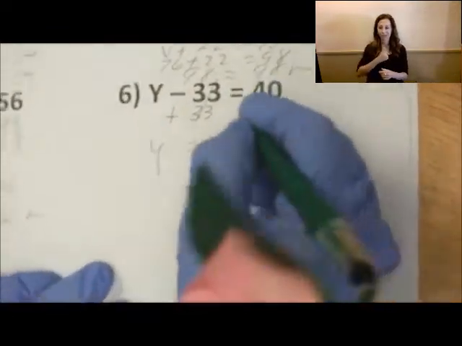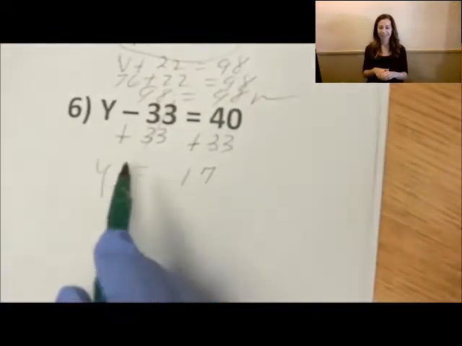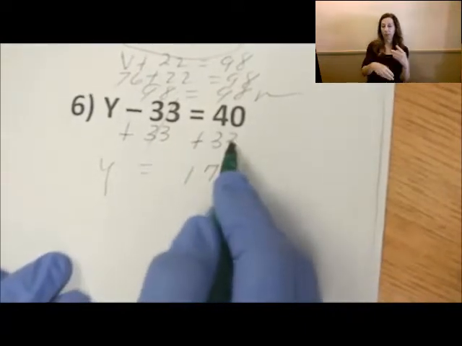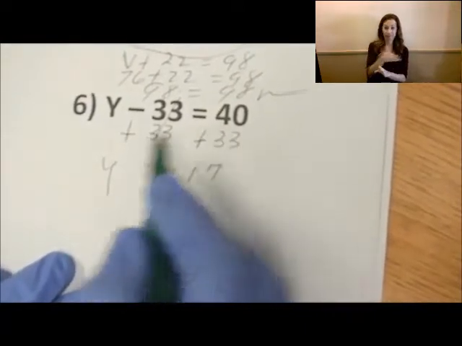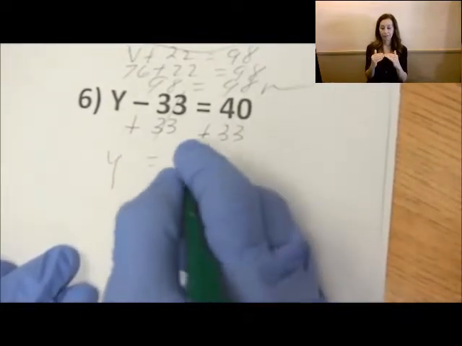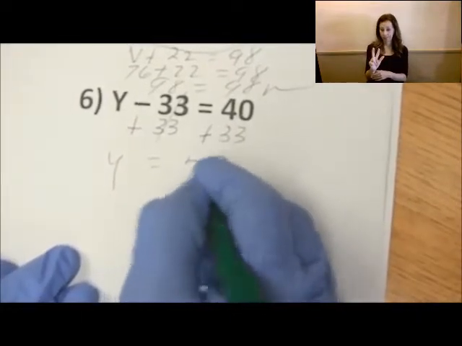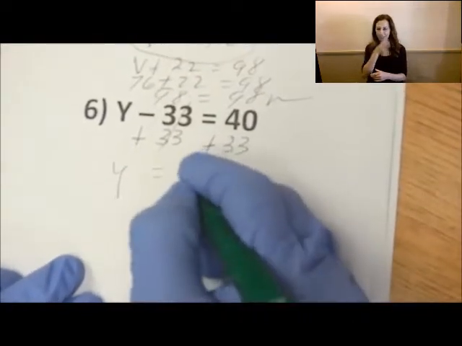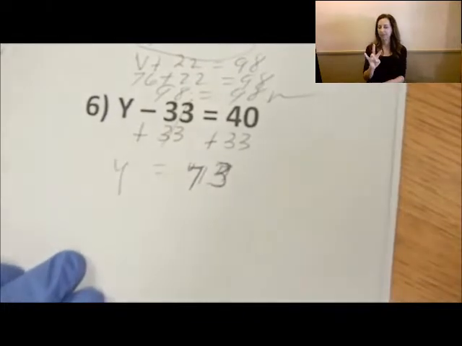Oh, sorry. So this one cancels, and then we have to add 33 to the other side. So we have y equals 73.